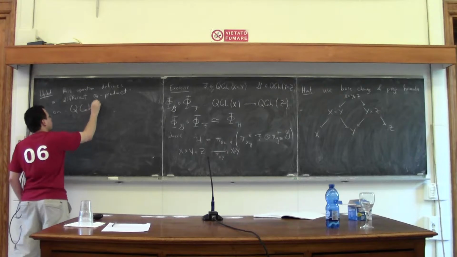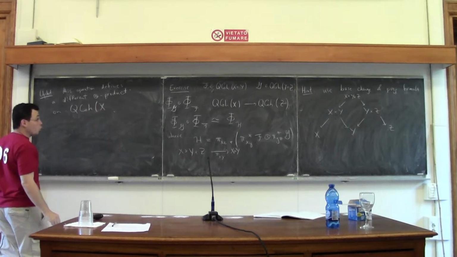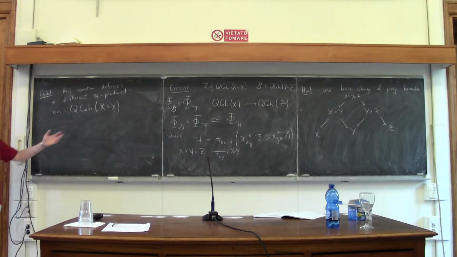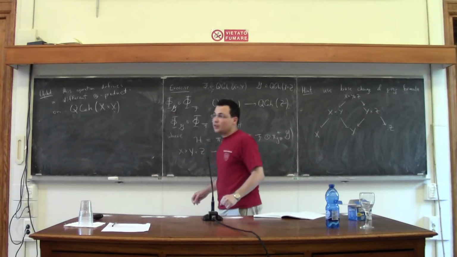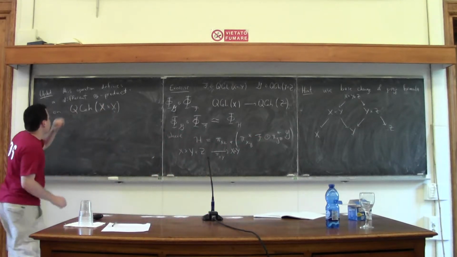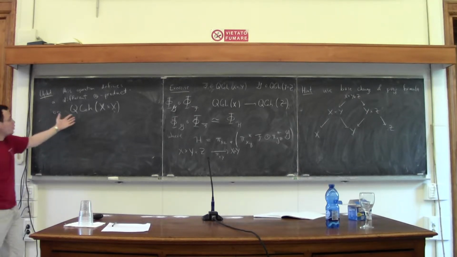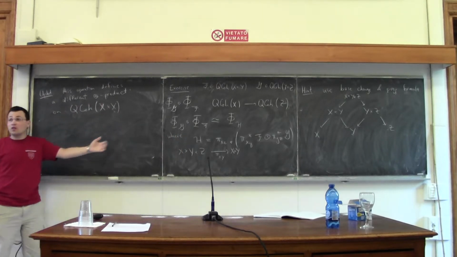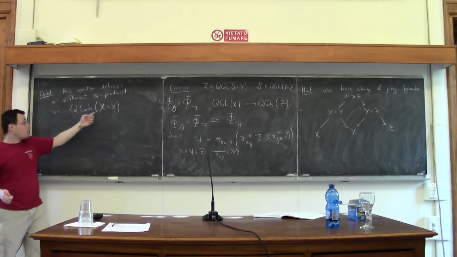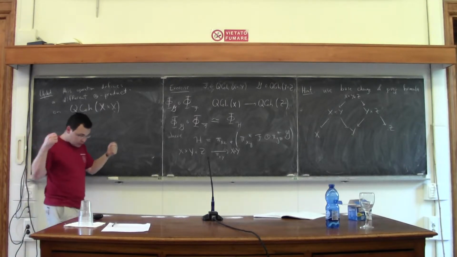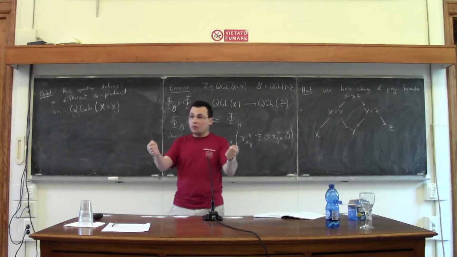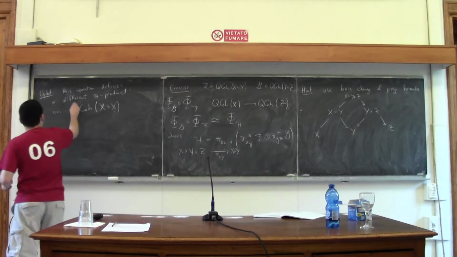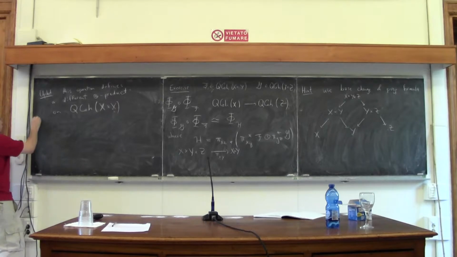If I have the same thing on X cross X, then I get this so-called convolution tensor product. One way you know that it's different is that composition of functors doesn't commute. You have a functor from sheaves on X to sheaves on X, and you compose two functors. Depending on the order in which you compose them, you might get a different answer. So this is not symmetric monoidal.